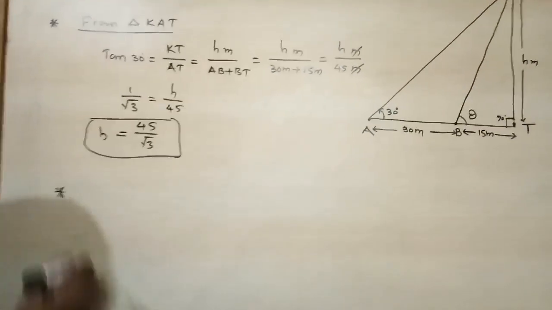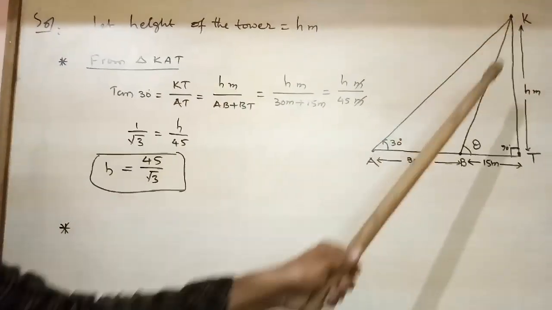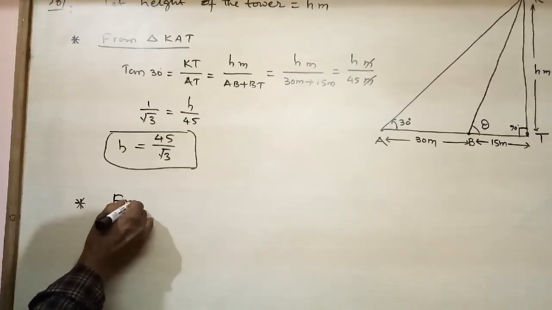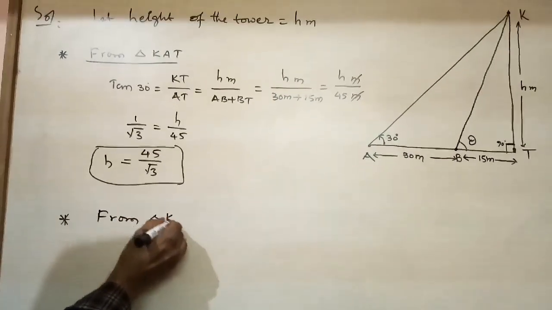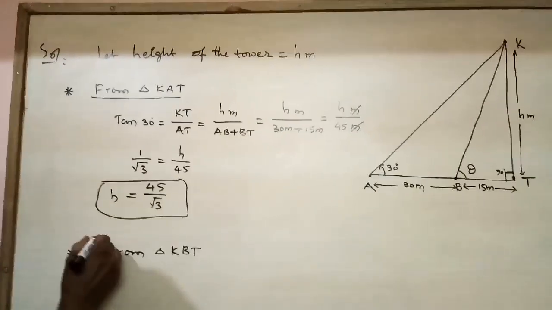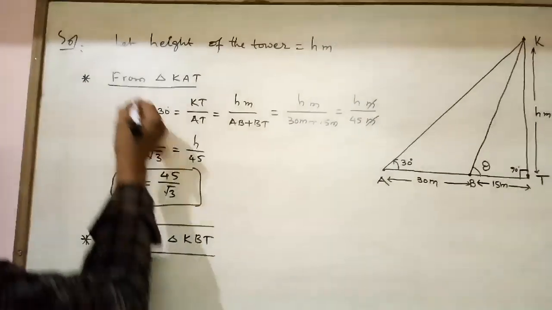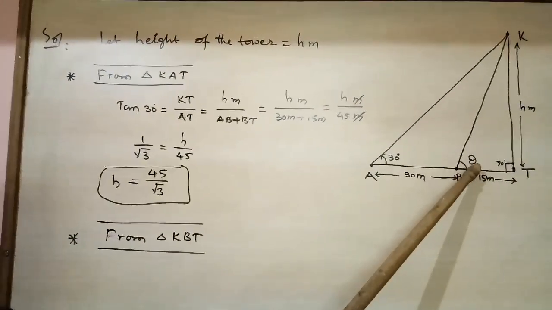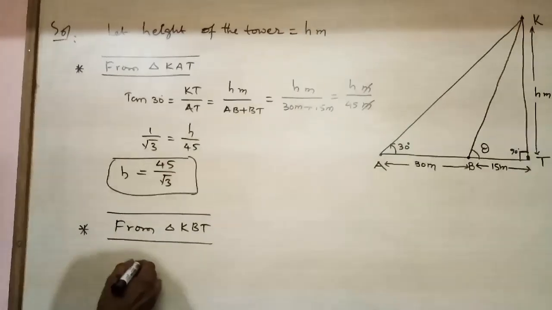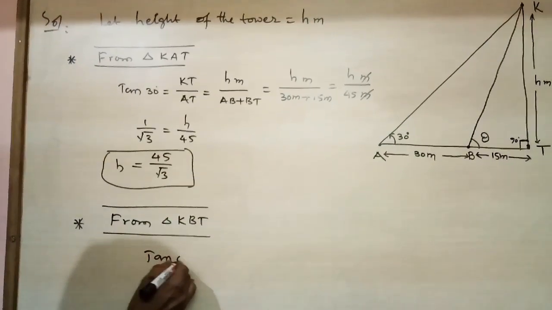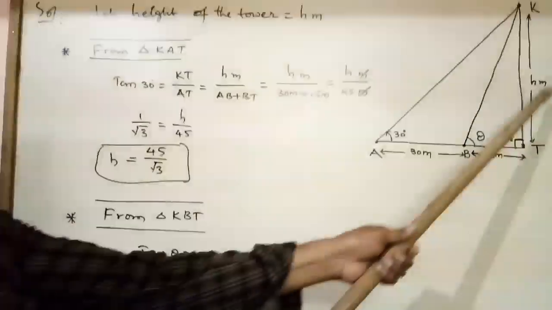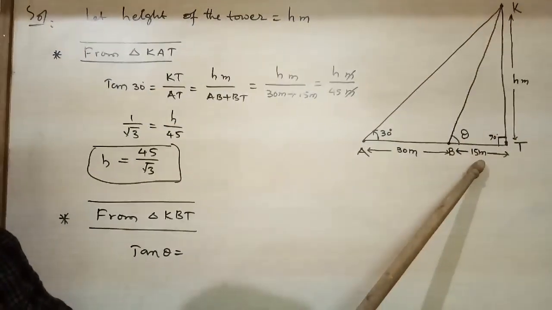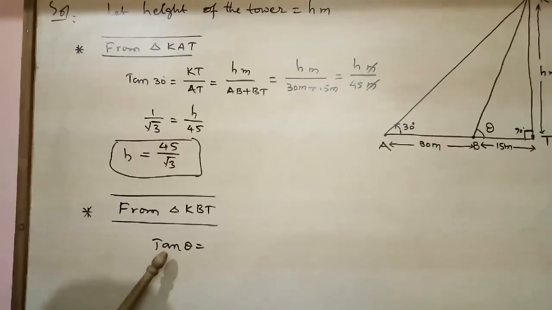Now consider right angle triangle KBT. Here we also find theta, which is required, and the other sides are known values. Therefore, knowing the opposite side and the adjacent side, I am using tan theta.